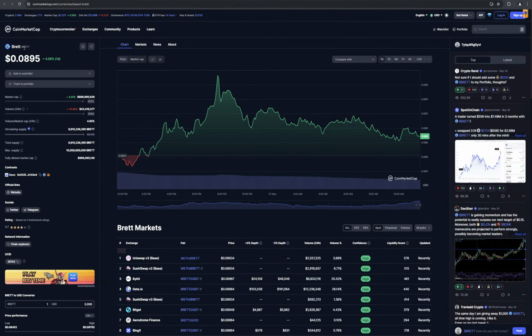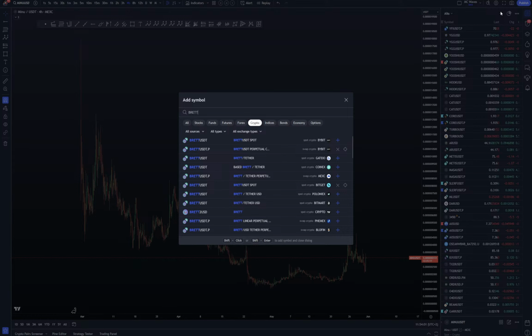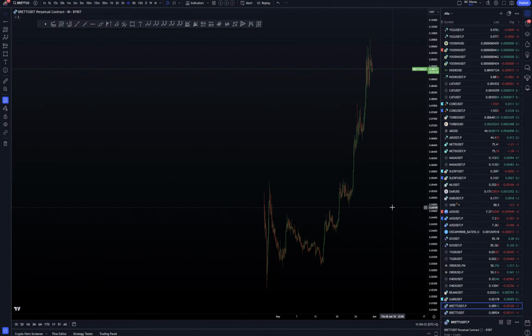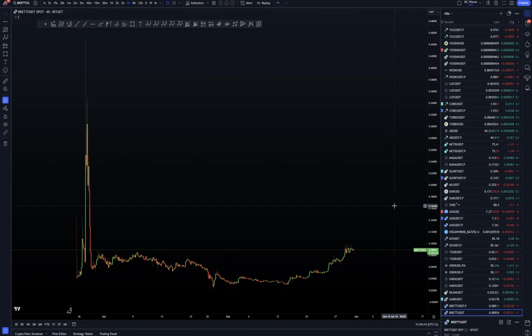I don't like the chart. Oh, we already have some TAs on that. Can't remember what this is. And no, we don't have some TAs, by the way.